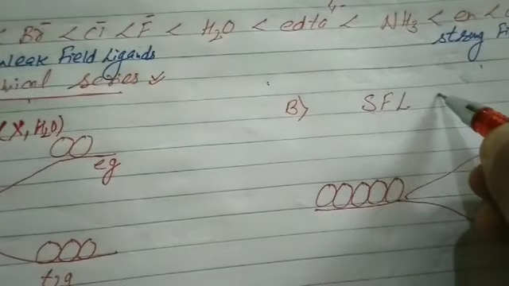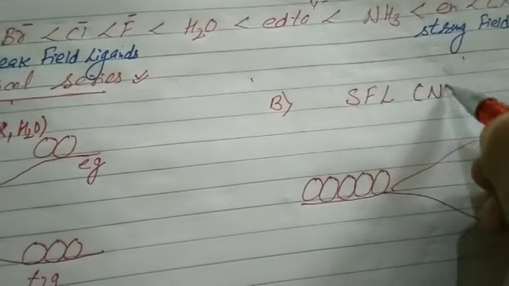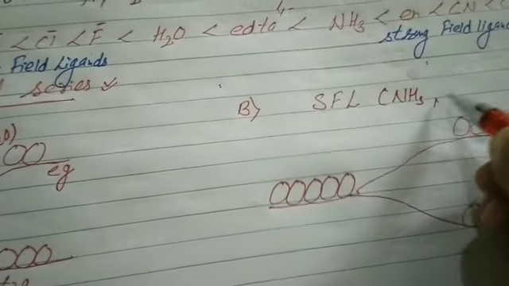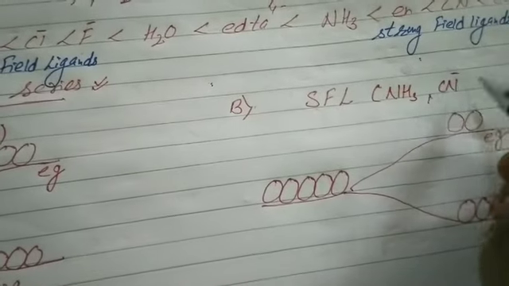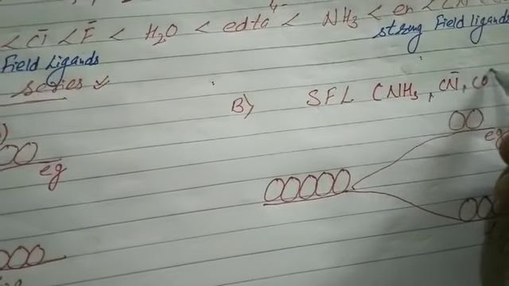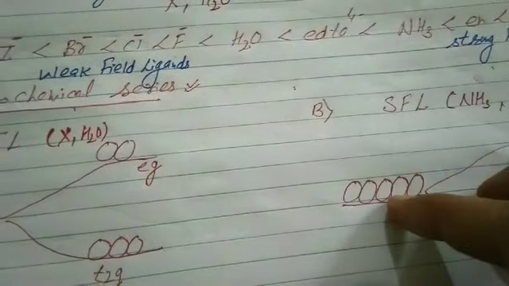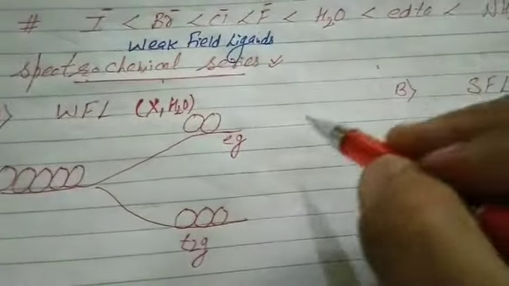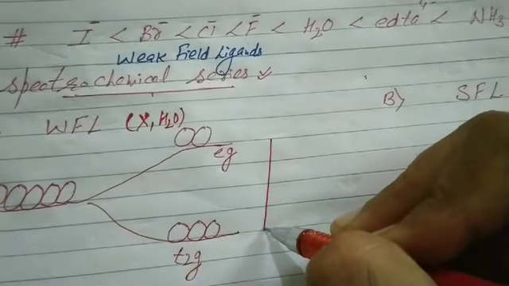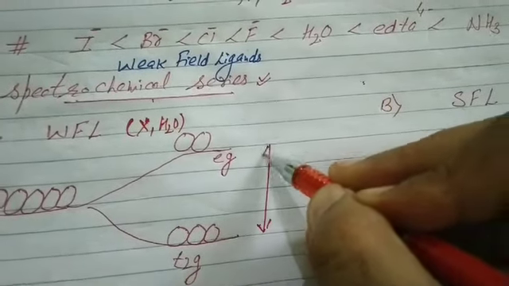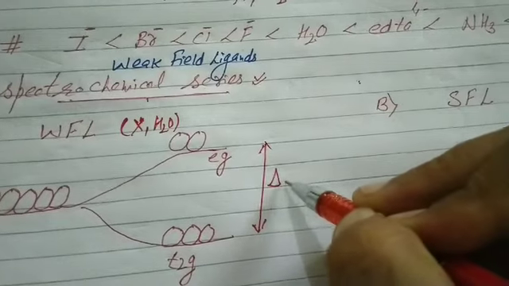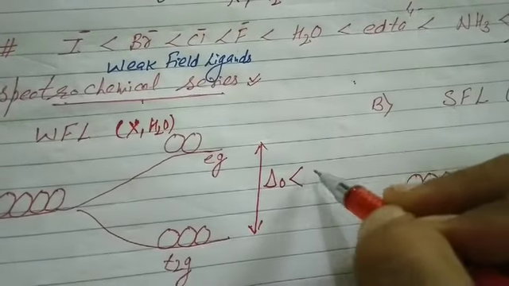Strong field ligands mentioned in NCERT are NH3, cyanide or carbonyl. This sequence is the spectrochemical series, from weak field to strong field. Now for a weak field ligand, at first we mention the condition: crystal field splitting energy is less than pairing energy. It is the main point.